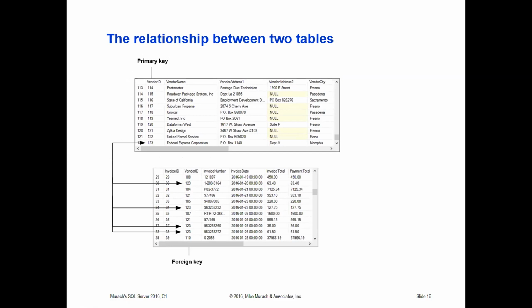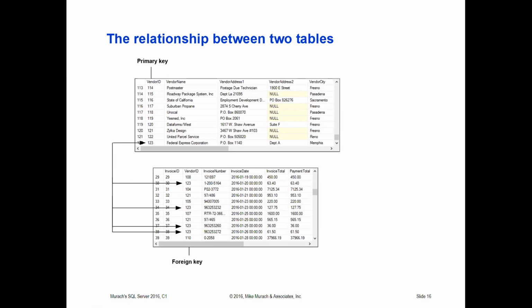Now, if I look at the vendor table up here, my vendor ID is my primary key. But in this separate table down here, there's not a lot of meaningful data, is there, if we just look at it? This table that's talking about a bill we received from a vendor is going to carry that vendor ID. So if I look at this row right here, this bill belongs to vendor 123.